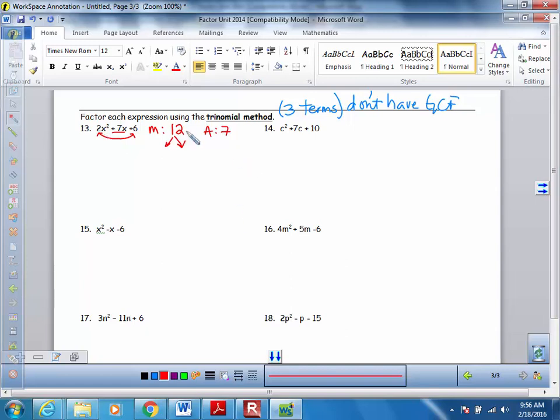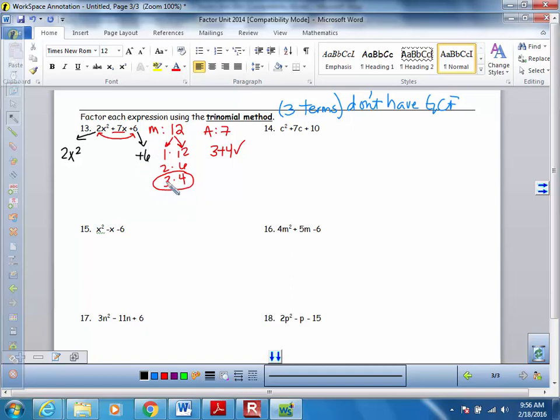So if I think of the factors of 12, I know that's 1 and 12, 2 and 6, 3 and 4. So I know 1 plus 12 can't give me 7. I know 2 plus 6 can't give me 7, but 3 plus 4 would give me 7. So this is going to be what I call our magic numbers. Now, the next step, we bring down our first term, 2x squared, and we bring down our last term, which is plus 6.